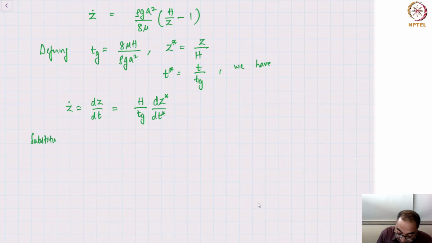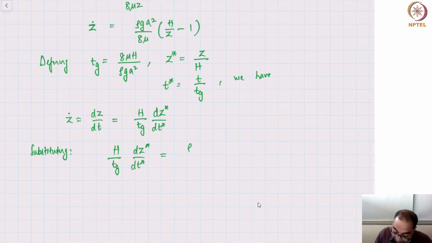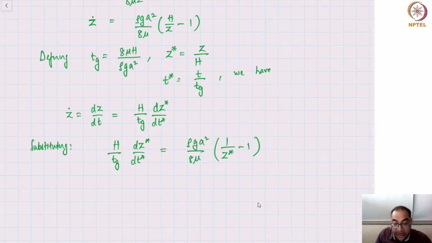If I substitute it, what do I get? I get h by t g dz star by dt star will be rho g a square by 8 mu. h by z is 1 by z star minus 1. Okay.